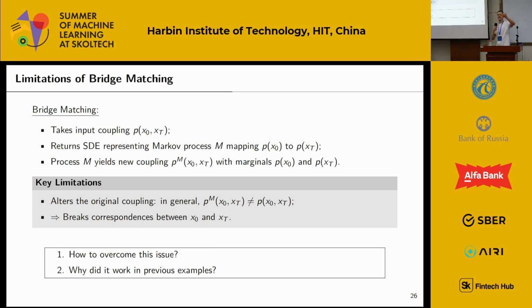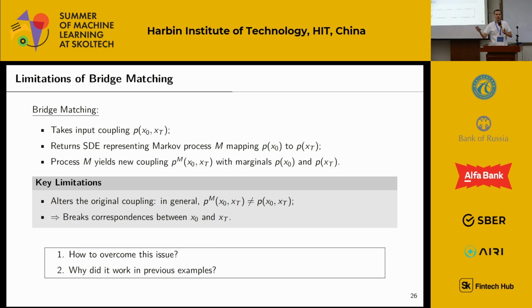It builds a reciprocal process, and then does the bridge matching or the Markovian projection and reconstructs some stochastic differential equation which allows generating data of one domain from the data of the other domain. But what do we know about this Markovian projection? We know that this stochastic differential equation which you constructed transforms data from the input distribution to the target distribution.